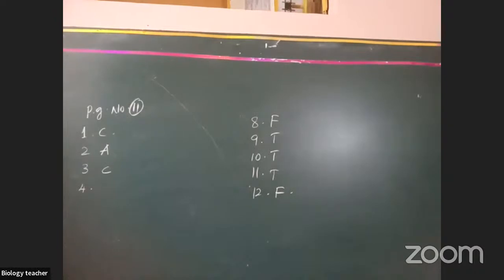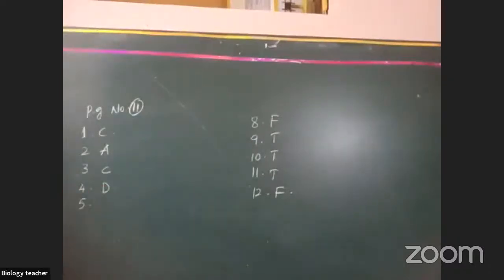Movement of solvent molecules from its higher concentration to low concentration. Movement of solvent molecules from higher concentration to lower concentration of solution through a permeable membrane. Movement of solute molecules from lower concentration to higher concentration of solution through a semi-permeable membrane. What is that? D. Option is D.